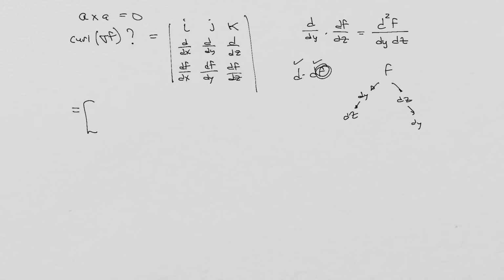Okay? All right, so when we go through this and multiply all these things together, here's what it's going to look like. It'll be the second derivative of f over dy dz minus the second derivative of f over dy dz.